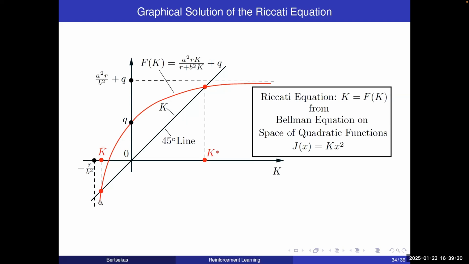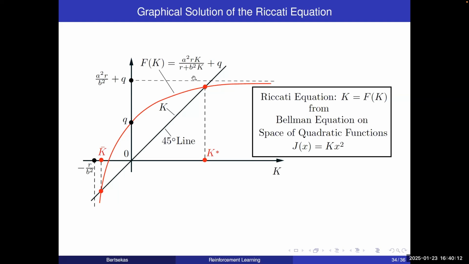Two, it has asymptotes. One is as K goes to infinity, it approaches this value. Second, as K approaches this value so that this thing becomes arbitrarily small, it goes to minus infinity.